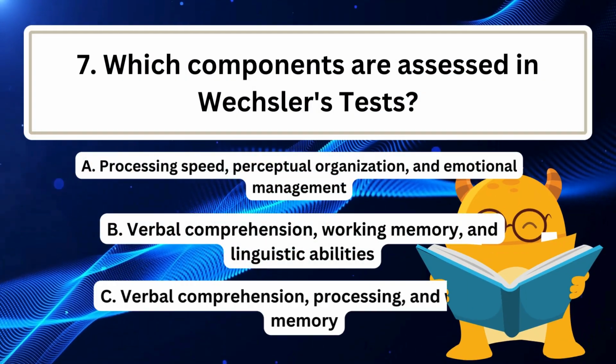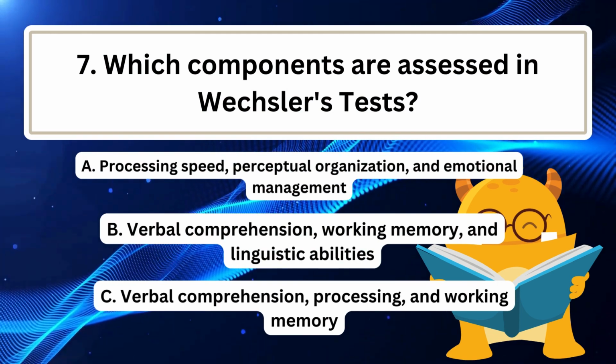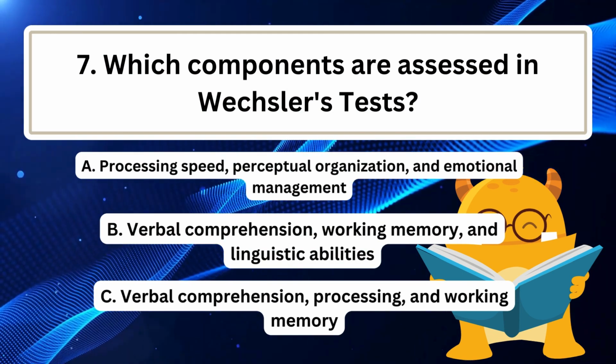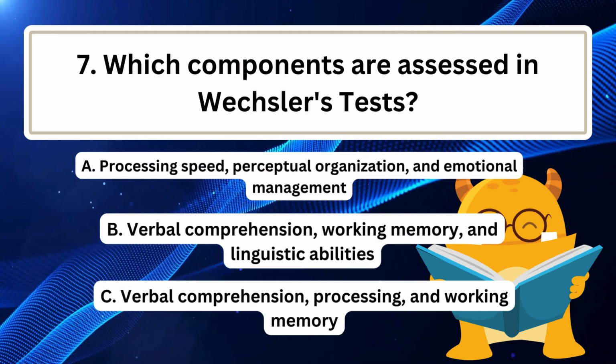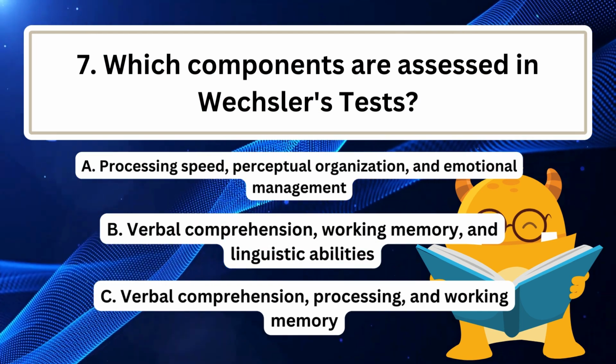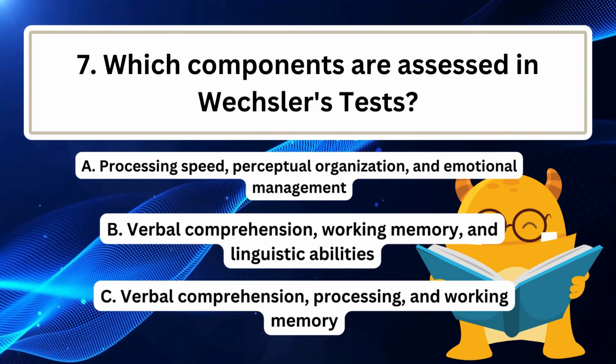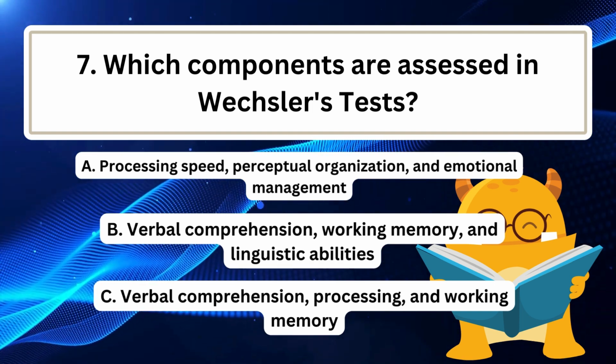7. Which components are assessed in Wechsler's tests? A. Processing speed, perceptual organization, and emotional management. B. Verbal comprehension, working memory, and linguistic abilities. C. Verbal comprehension, processing, and working memory.